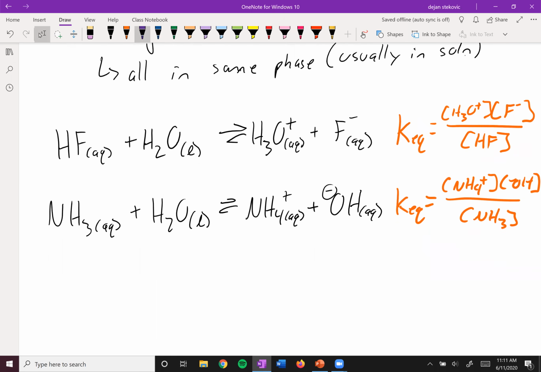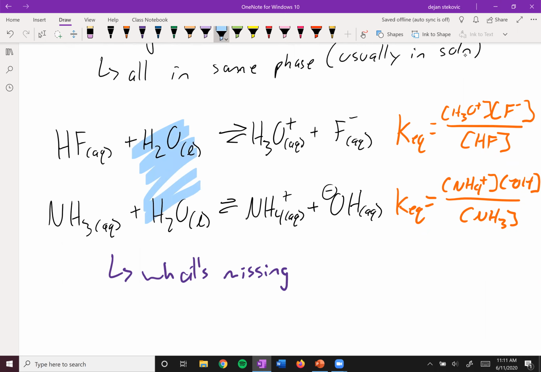And so you may notice here that something's missing. In both of these we have water, but we do not see it in our KEQ. So the H2O is missing. What's missing is the water, the solvent.